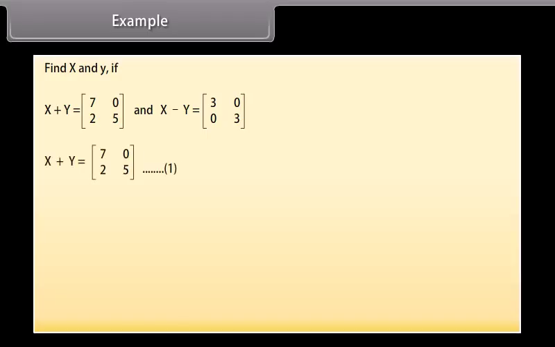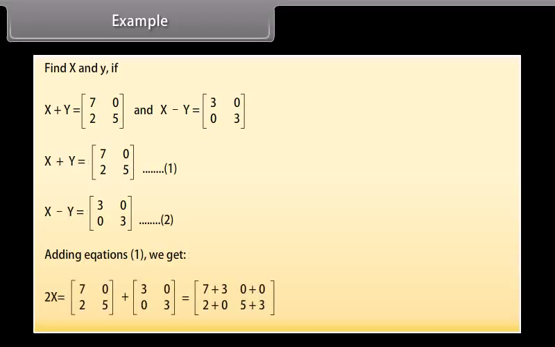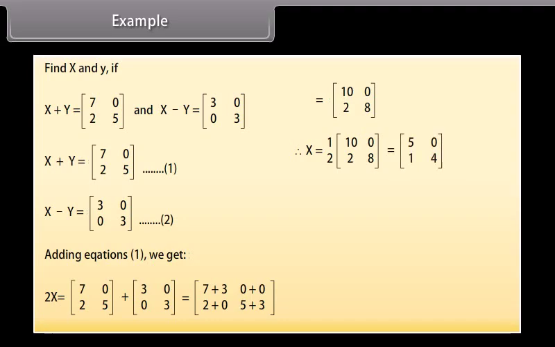Given X plus Y and X minus Y, mark them as 1 and 2. Now, adding equations 1 and 2, we get 2X is equal to the matrix, row-wise: first row 10, 0, second row 2, 8. Therefore, X is equal to the matrix, row-wise: first row 5, 0, second row 1, 4.